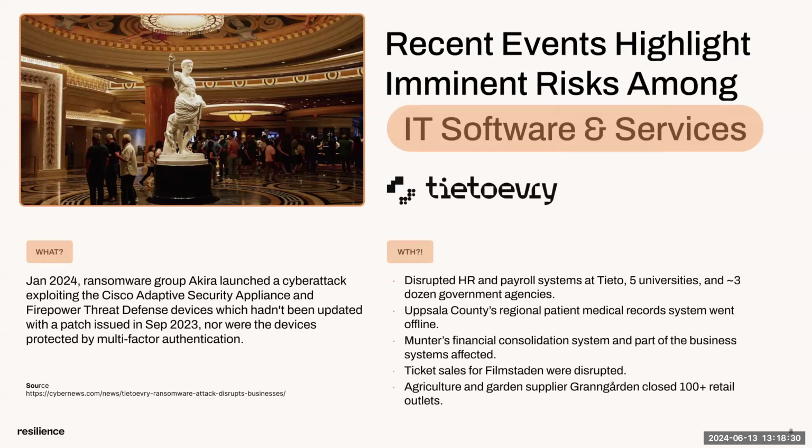Unfortunately, ticket sales for Filmstaden were disrupted. And the agricultural and garden supplier, Grand Garden, closed more than 100 retail outlets. So unfortunately, people weren't able to buy garden supplies on the weekend, maybe, but this obviously affected the employment and the operations and the financial stability of Grand Garden during this period of time.